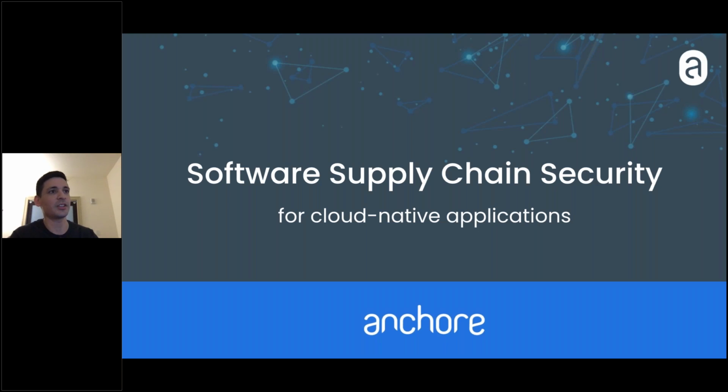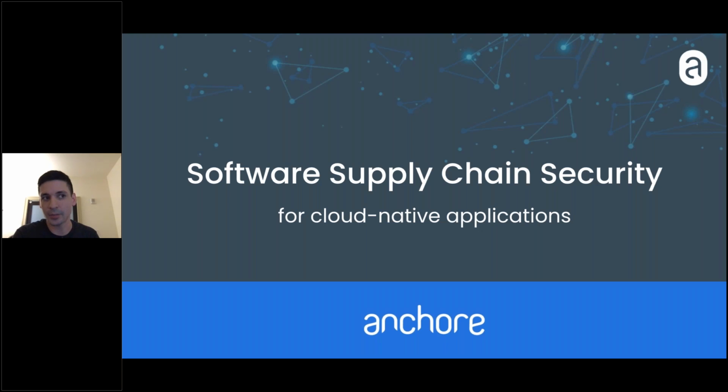A software supply chain is anything that comprises or influences your software from development through your CICD process all the way through to production. This includes anything that goes into your software development lifecycle, from code to binaries to application configuration.